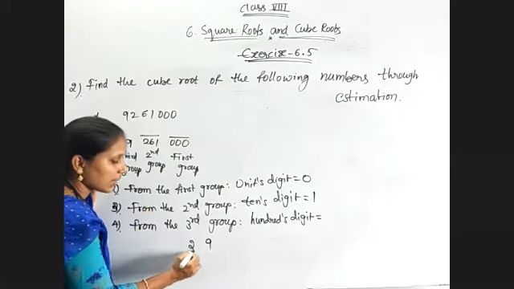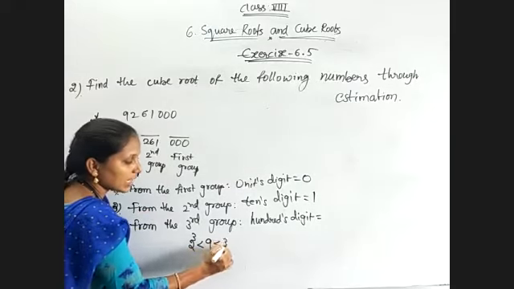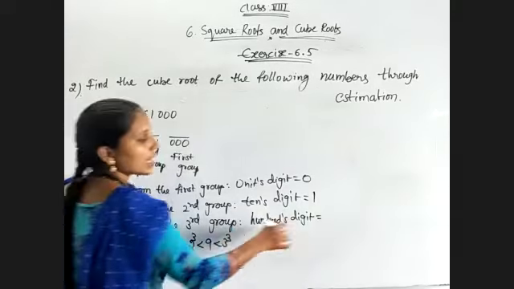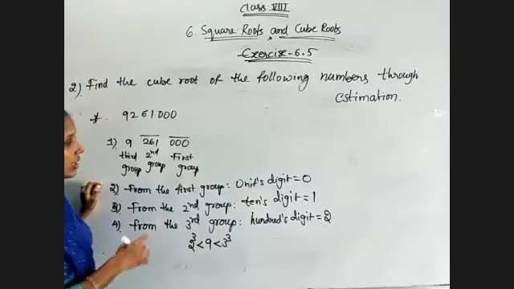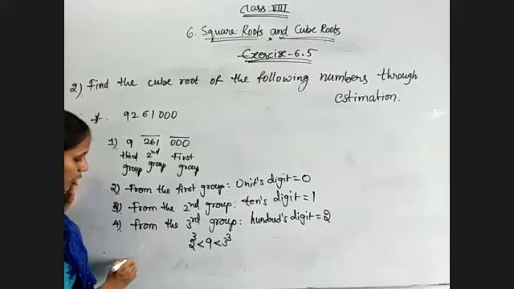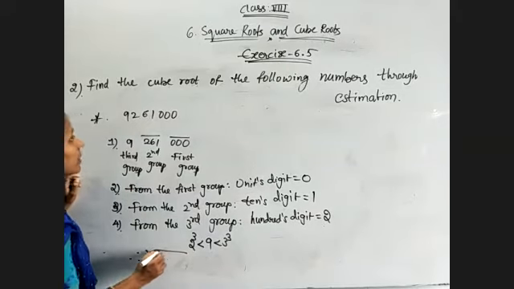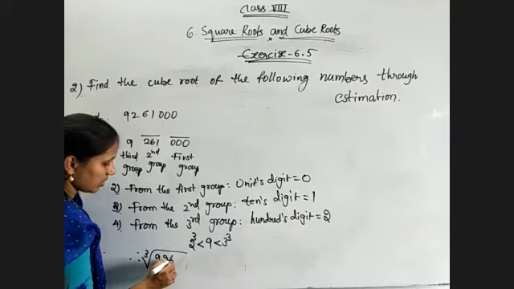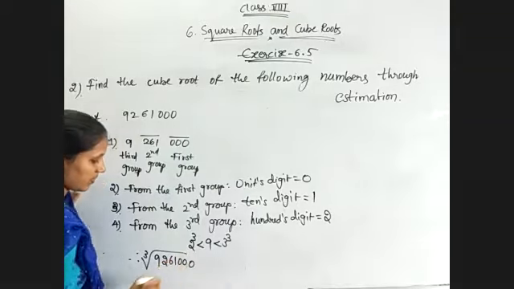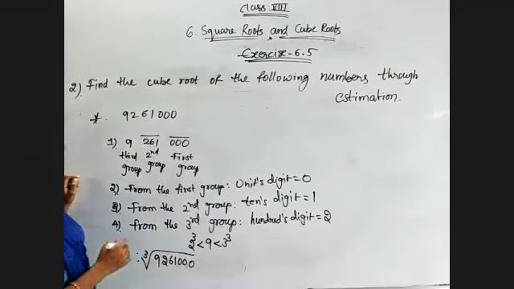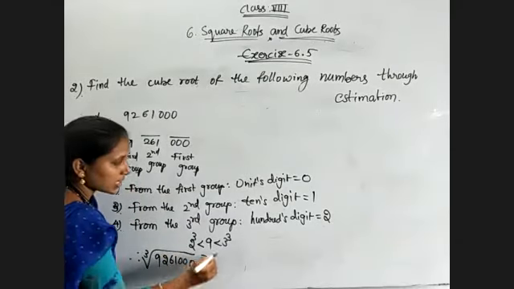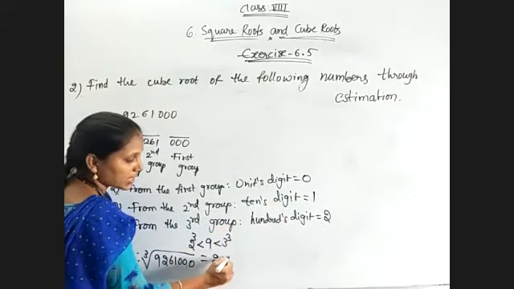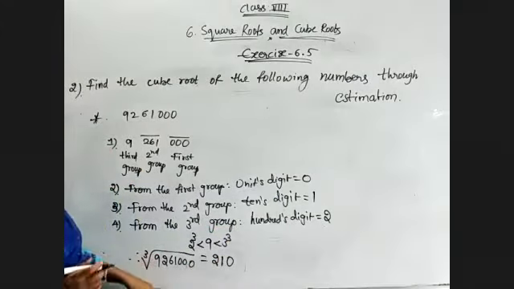Means it is lying between 2 cube and 3 cube. 3 cube is 27. Means we must consider 2 in the hundreds digit. Therefore, the cube root of the given number, that is 9,261,000, is equal to 2 in hundreds place, 1 in tens place, 0 in units place: 210.